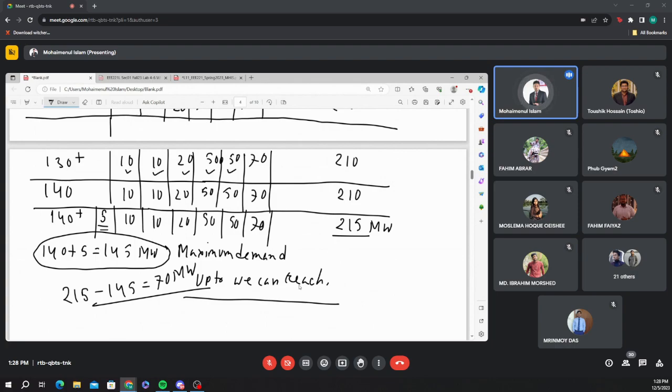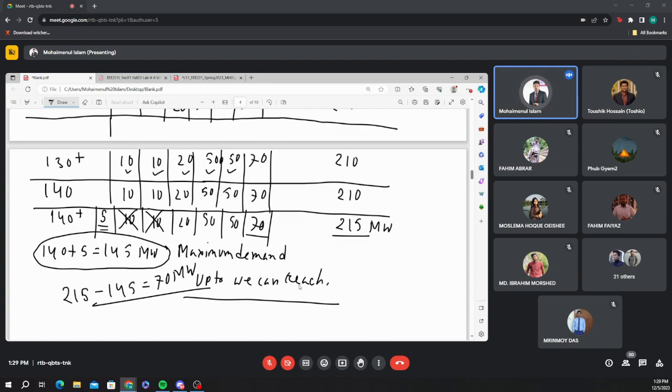Suppose maybe that 5 megawatt unit or 10 megawatt unit, somehow you lost that unit on a particular day in an operating condition. Somehow they failed. We are considering the probability of outage, right? So maybe for different issues, these two plants just shut down on a particular day. So that 70 megawatt unit will help you now.